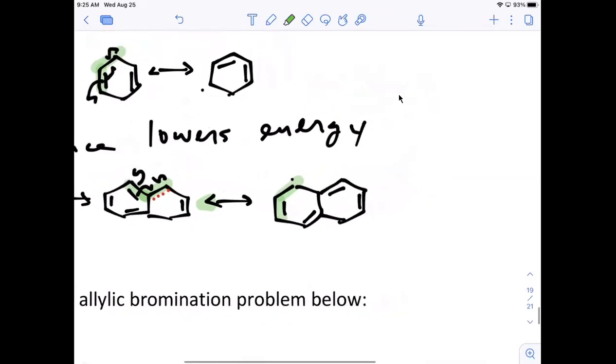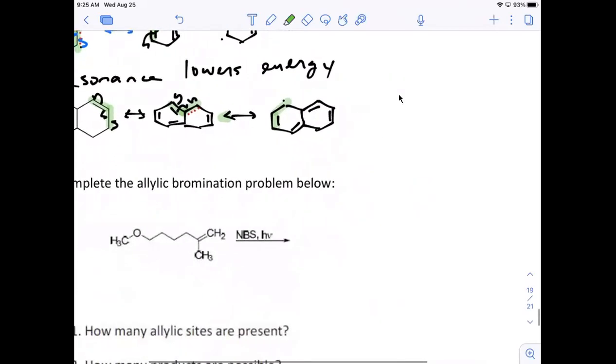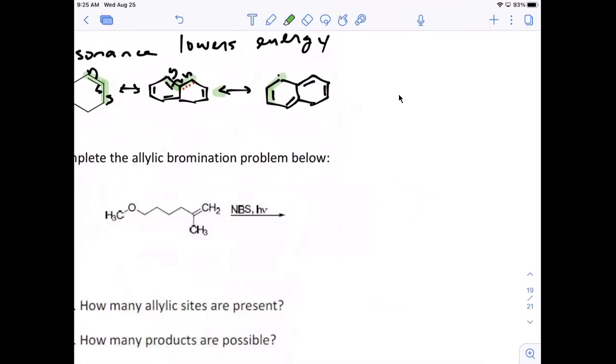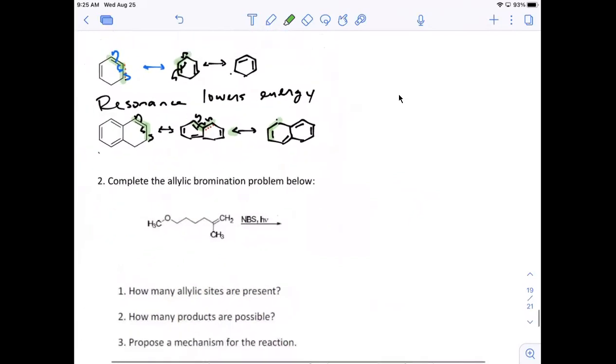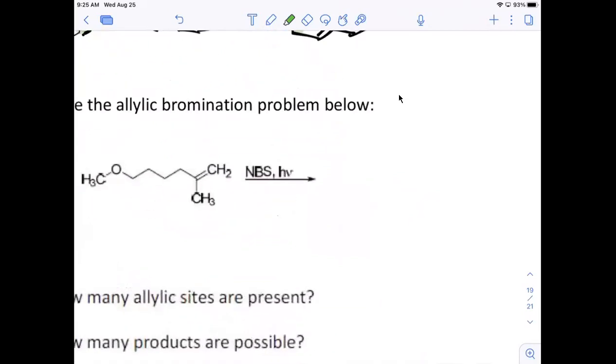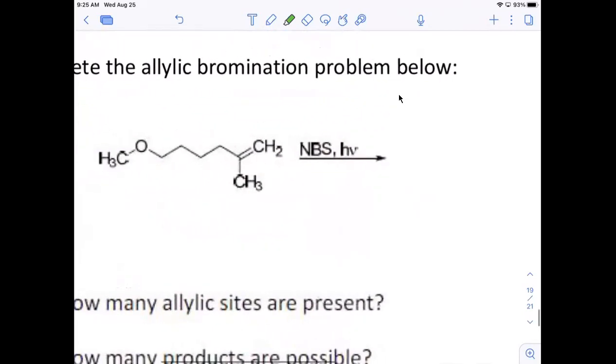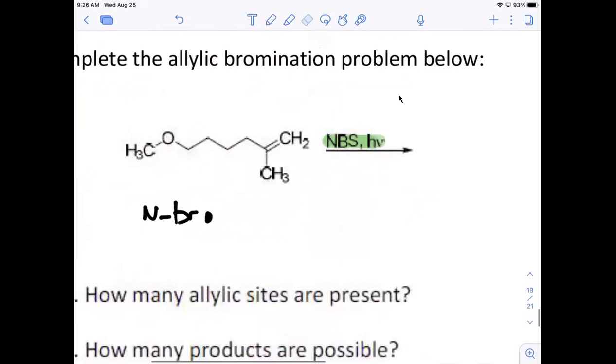All right. So now let's go down here to our reaction. We're gonna actually go through the mechanism of the reaction. So let's look at the molecule here. These are the reactants, NBS. Don't panic about that. That is N-bromosuccinimide. It looks like this.